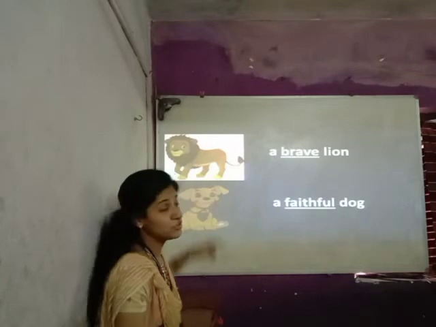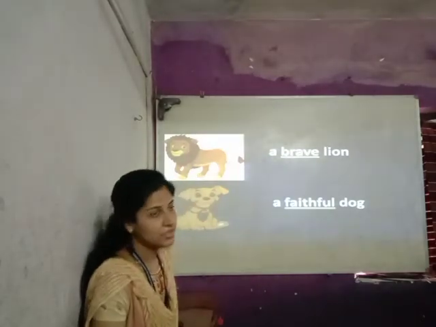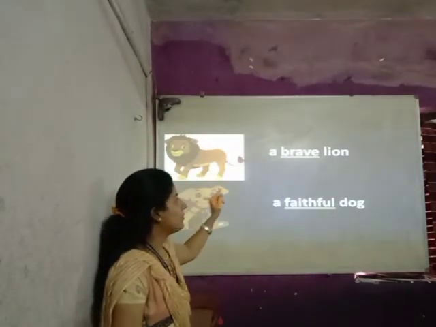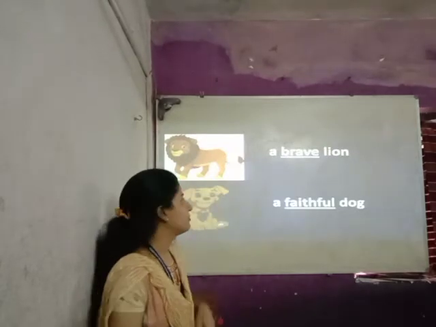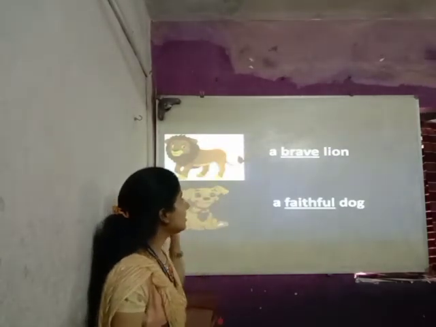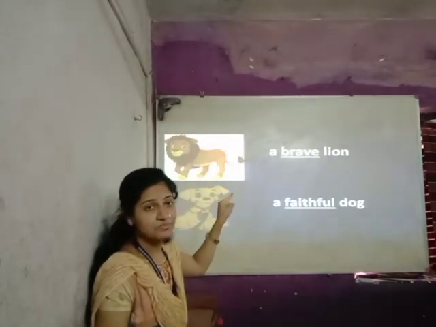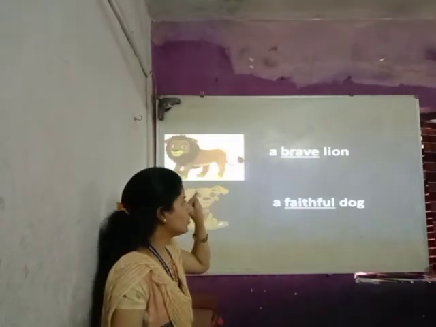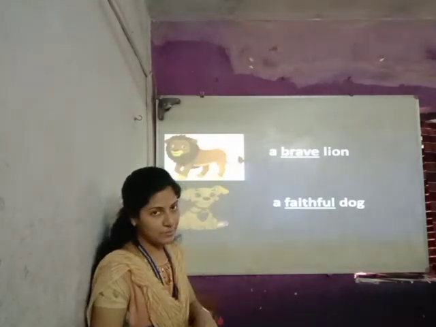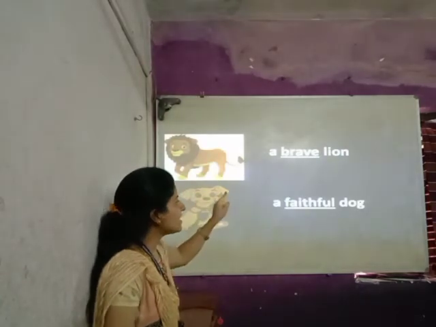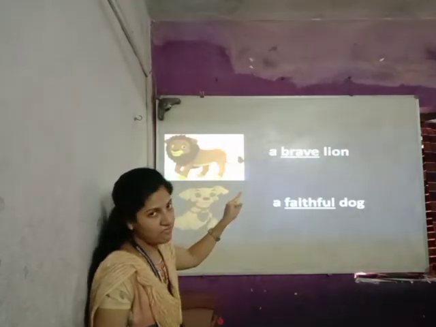What do you see in this picture? Yes, it's a lion. So, it's a brave lion. So, here the word brave describes the lion. So, brave is a describing word. So, we had underlined the word brave here.